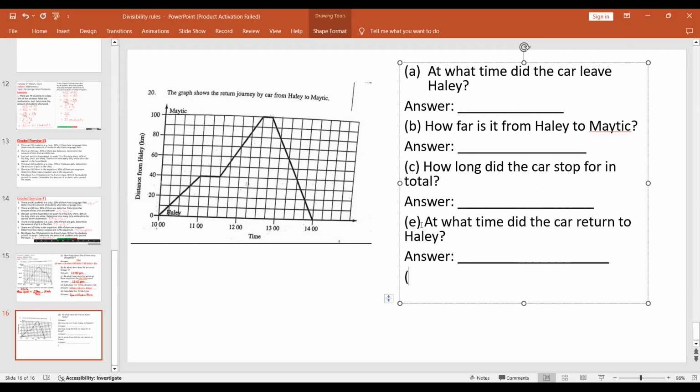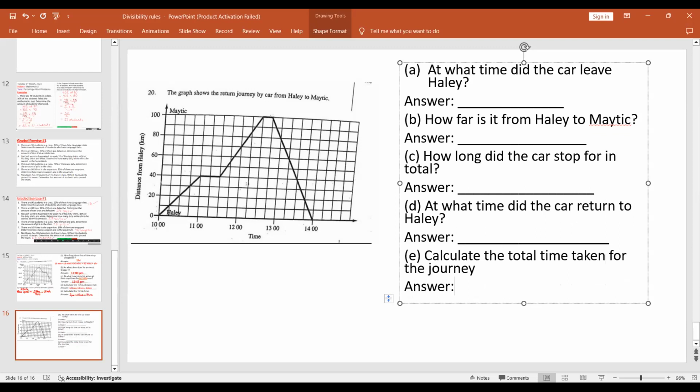When you send in a picture of your work, make sure to take a picture of your notes as well as the graded exercise. So take a picture of your notes as well as the graded exercise.